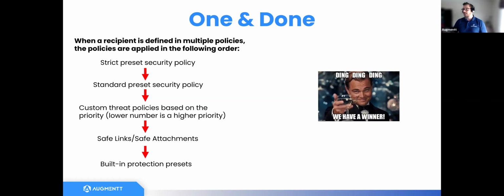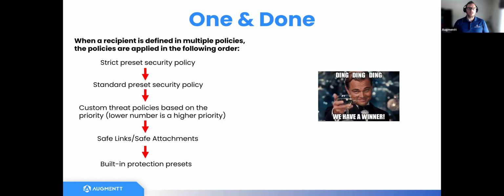Basically the first one that hits is where the processing stops. If malware is detected in an email, it's going to go to your anti-malware policies and go down that list. If it's phishing, then it'll go to your anti-phishing list. And then whichever hits first.